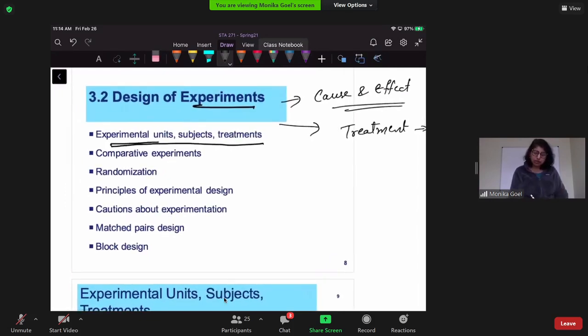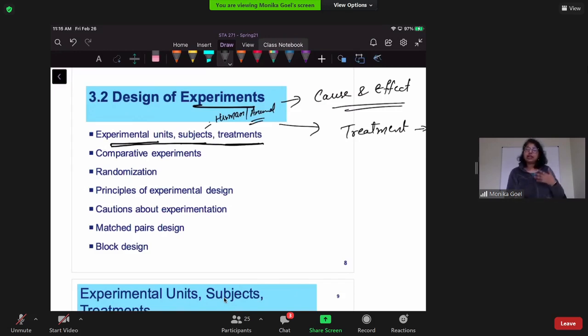What is an experimental unit? Subject, treatment. So when we are talking about subjects, subjects are the experimental units. When we say those are human or animal, we call them subject. So if I take a sample of size 5 from your class of size 45, I am collecting a sample of 5 subjects.